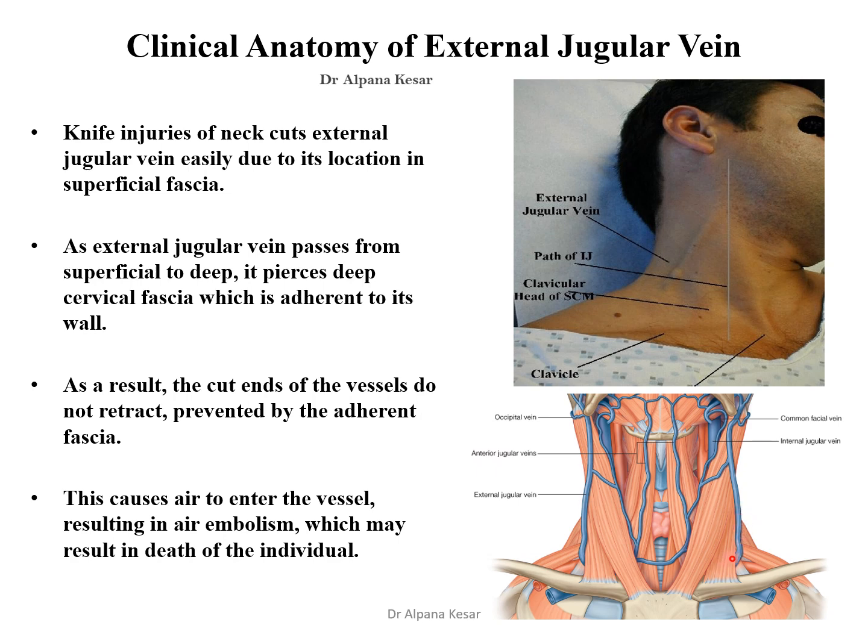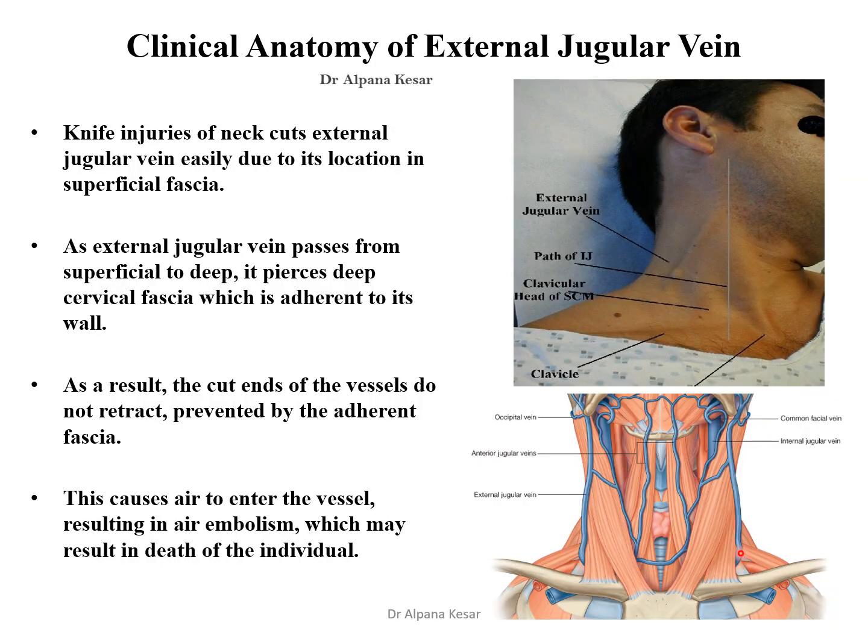As it passes deep, it pierces the investing layer of deep cervical fascia. Where it pierces the investing layer of deep cervical fascia, in that position, the fascia is adherent to the external jugular vein.